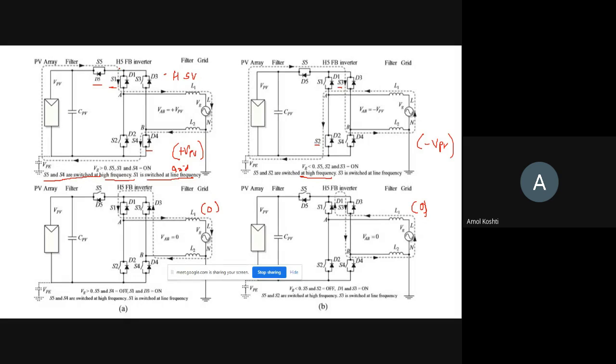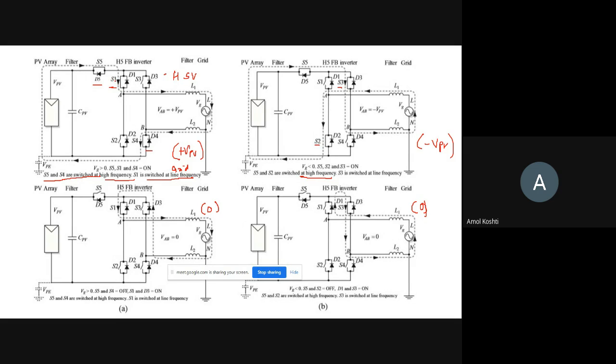To dissipate that heat into the atmosphere, we have to connect a high wattage heat sink to that particular switch in our circuitry, as far as the practical circuit is concerned. The heat sink requirement is higher for S5 and S4, while for S1 we can use a lower wattage heat sink.